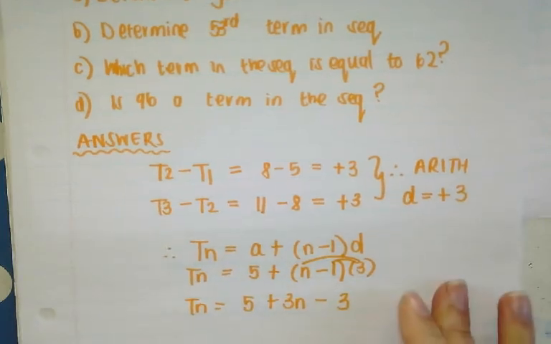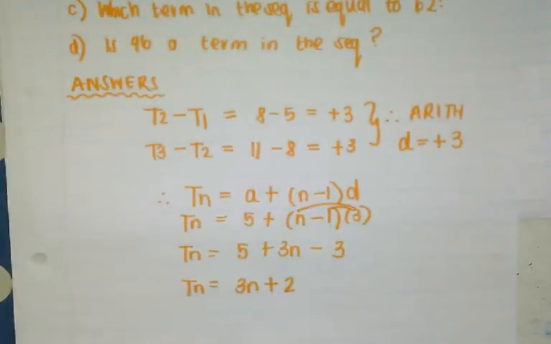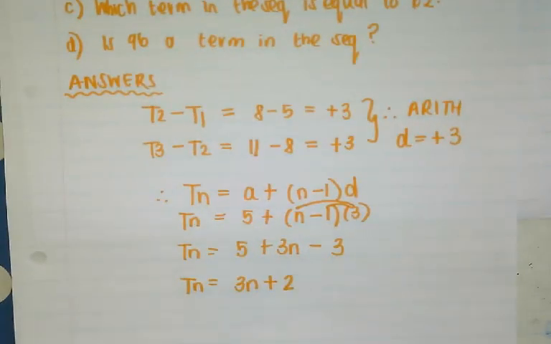And lastly, just tying it all together and simplifying our equation, 5 minus 3 is plus 2. So there is my general solution. I can take any position and find any term because of that formula.